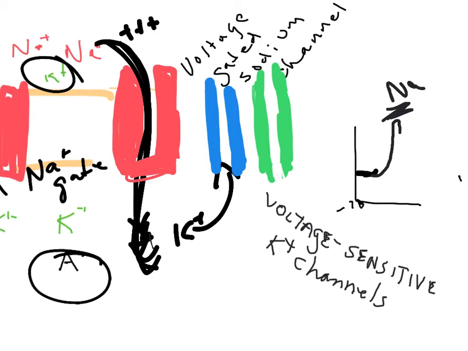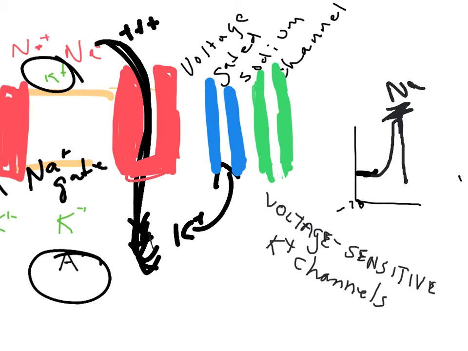What you start to see then, from this peak here, is potassium rushing out of the cell and the sodium gates inactivating, causing the cell to become increasingly negative on the inside relative to the outside.